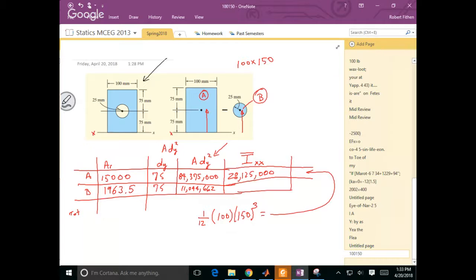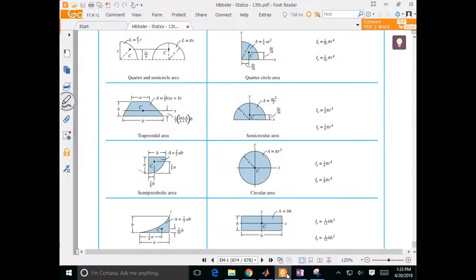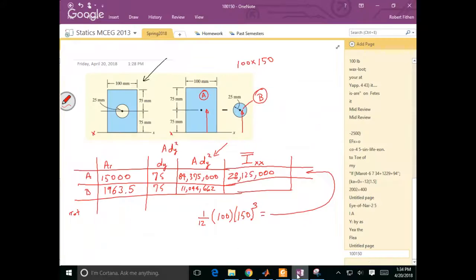Then the next thing I need is for B. B is little bitty, but it has that 1/4 pi r to the 4. 1/4 pi r to the 4th, where r is just 25.